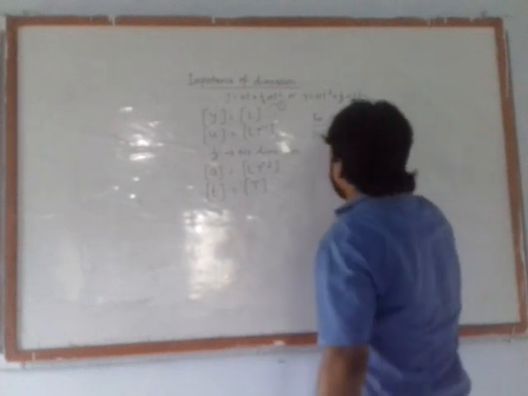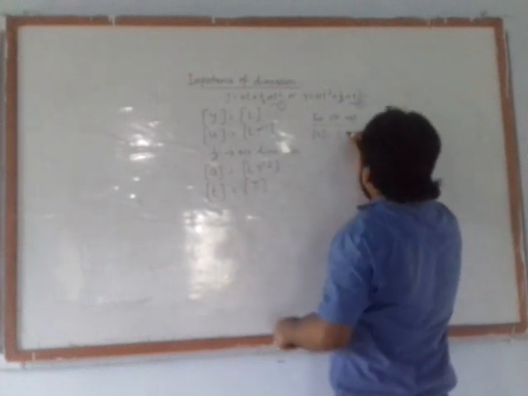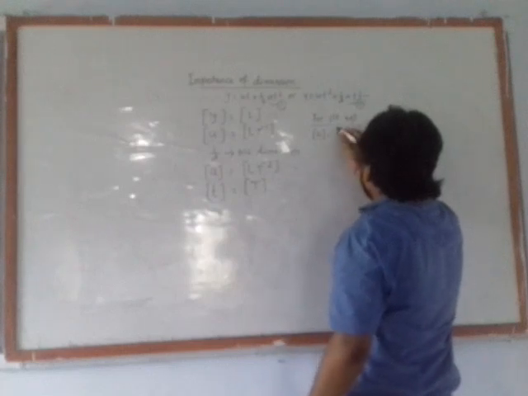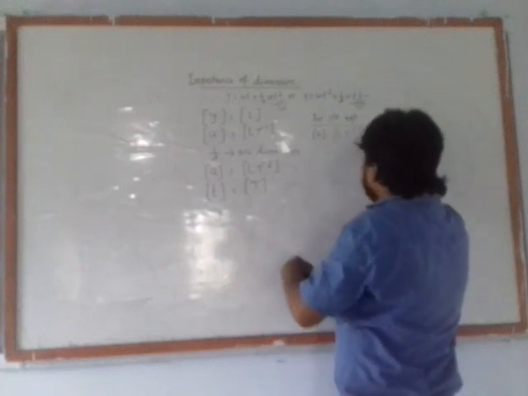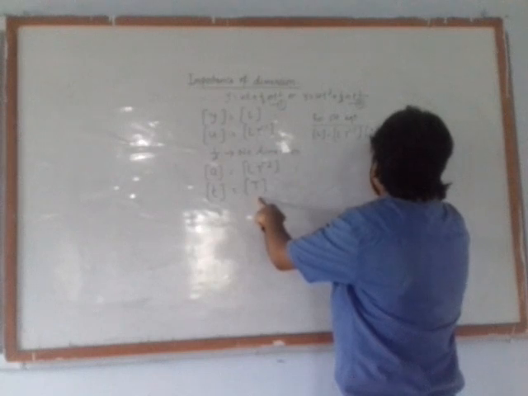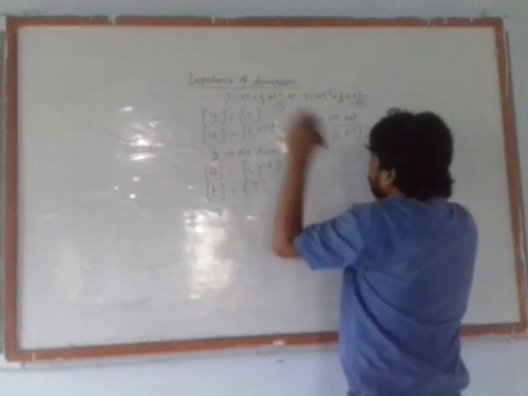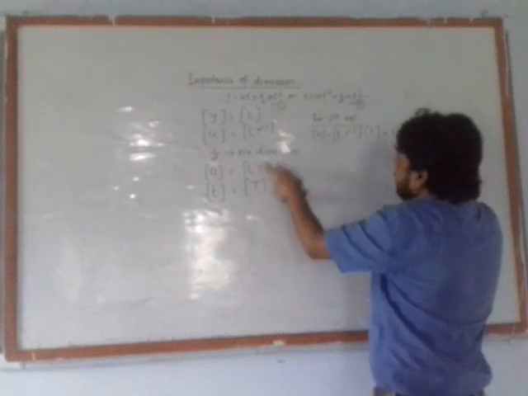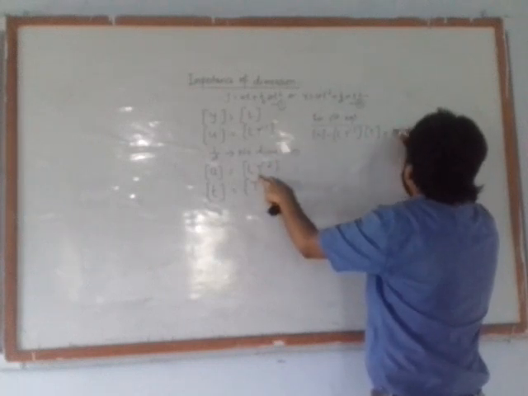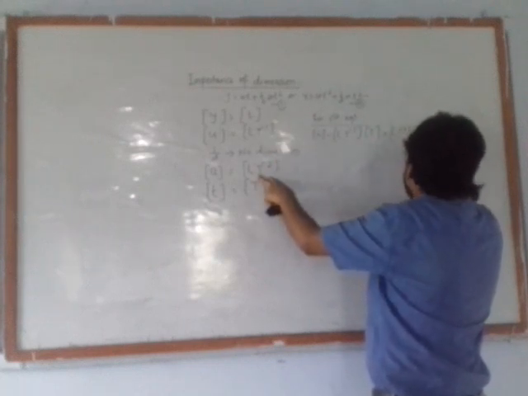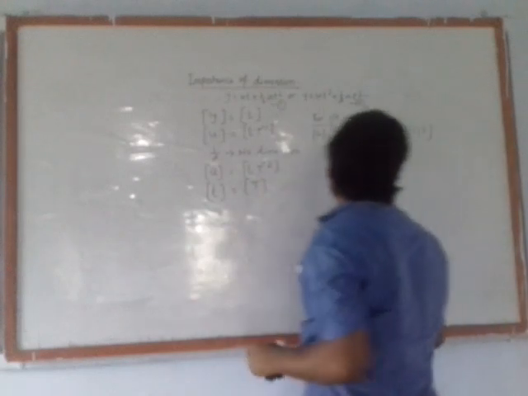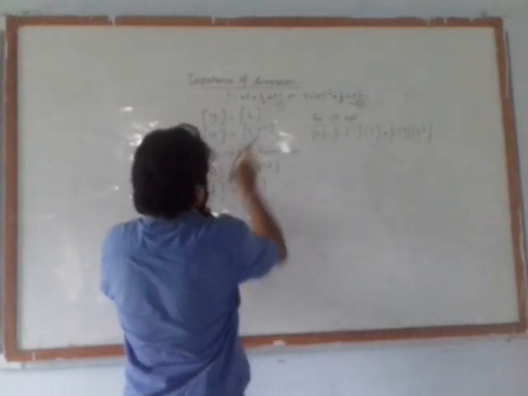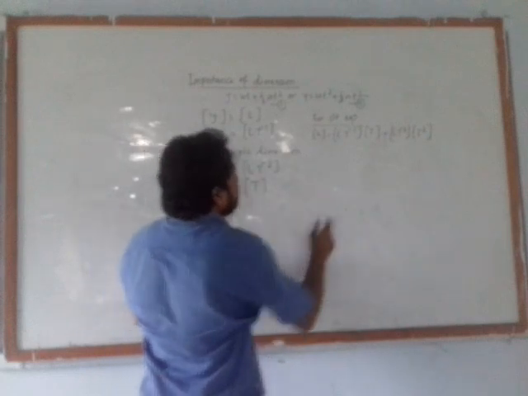On the right hand side, u is L t to the power minus 1, then t is t, then plus half has no dimension, so forget it. Now a is L t to the power minus 2, and t square, so I put a square here.